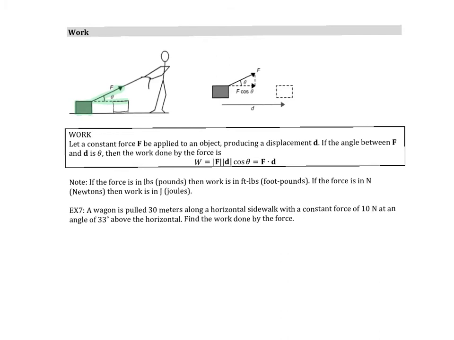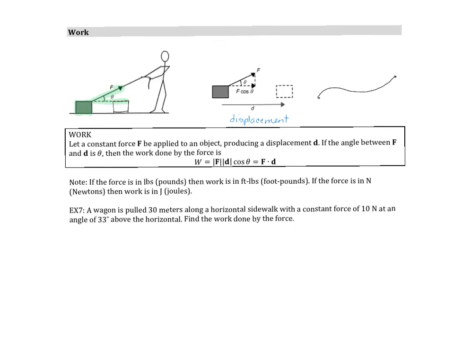So first I would like to talk about the difference between displacement and distance. If it's a horizontal movement, this distance that we're looking at is actually displacement. It's the straight line distance from the starting to the ending point. However, let's say that we did not have movement along a straight line. So let's say that this is the path of an object.